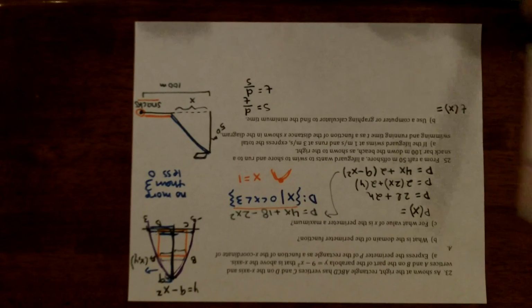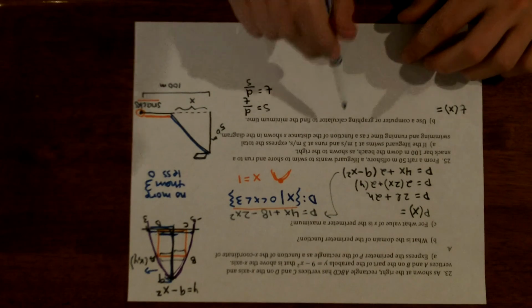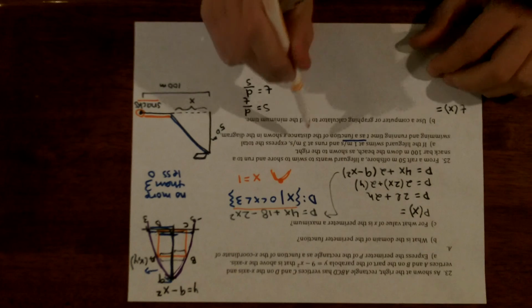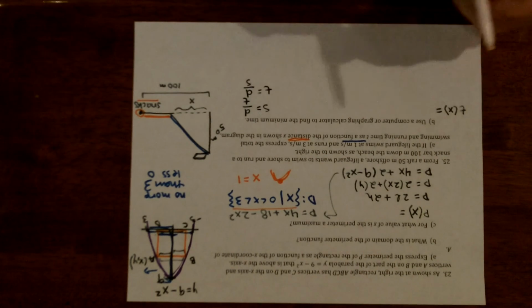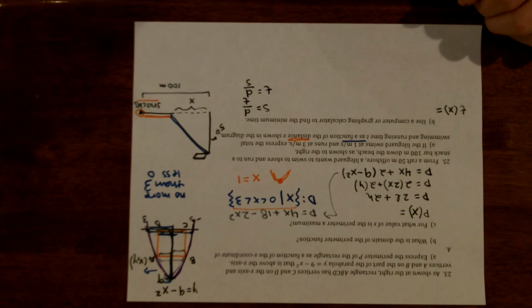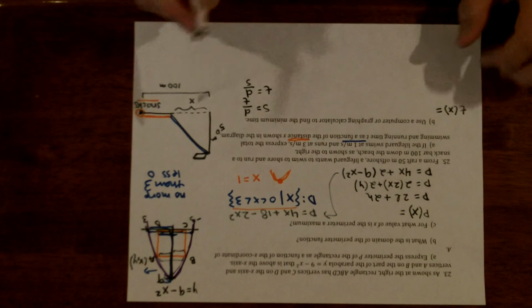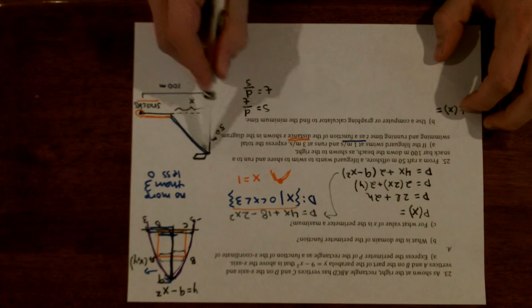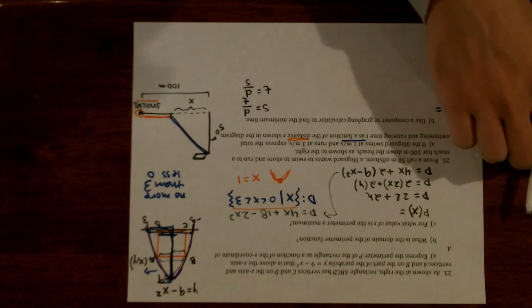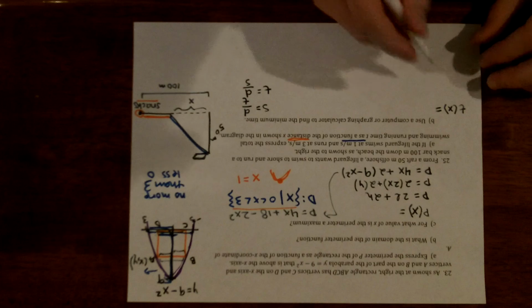Well, we have our speeds given to us: the lifeguard swims at 1 meter per second, and they run at 3 meters per second. But we want the total time. So that's two different equations we're looking at, because it's taking a different amount of time to swim than it is to run to the snack bar once you're finally on land.